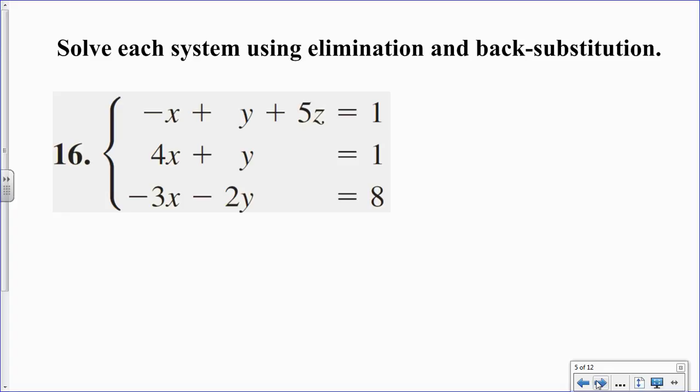I see that I don't have an equation with just one variable, but I have 2 equations with just 2 variables. So I can do just regular elimination with those 2 equations to find x and y, and then I can plug those values back into the top one to find z.